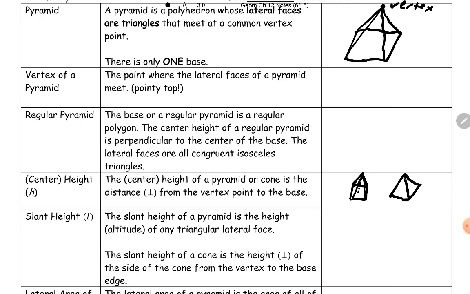The slant height would be from the top sliding down the center of a face, reaching the end. So that would be considered slant height, and we use a cursive L for slant height.